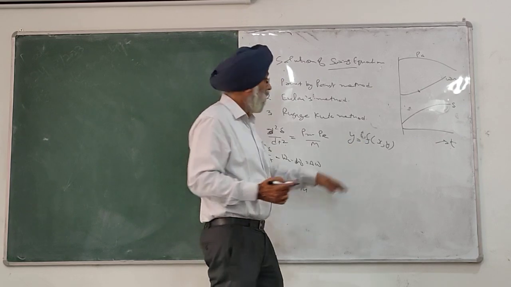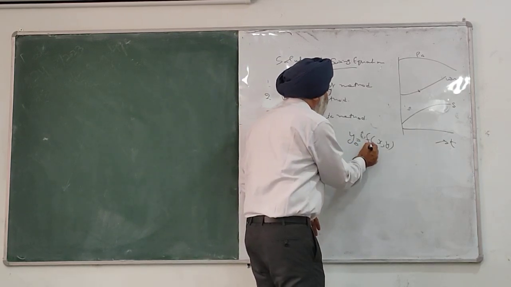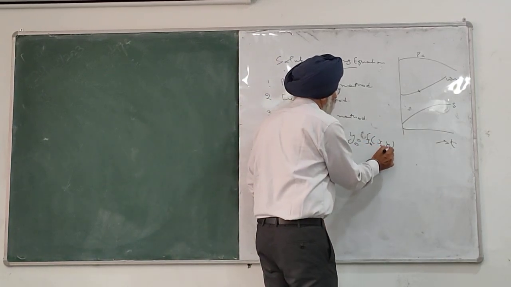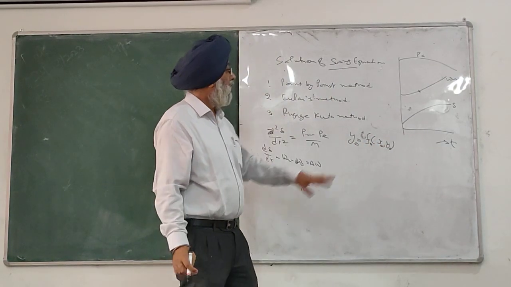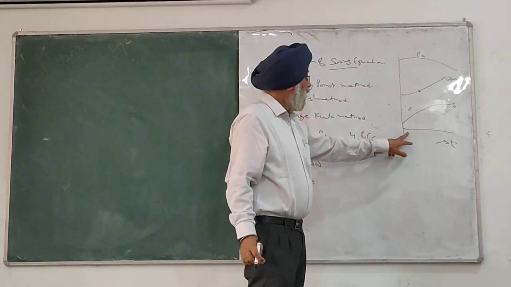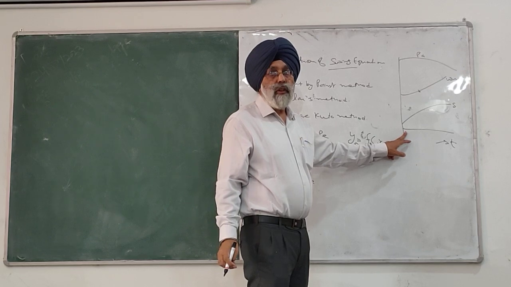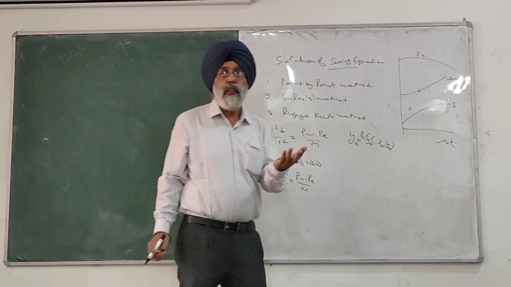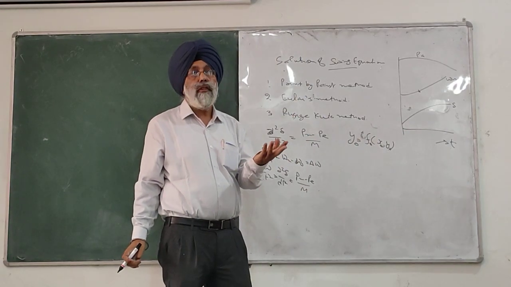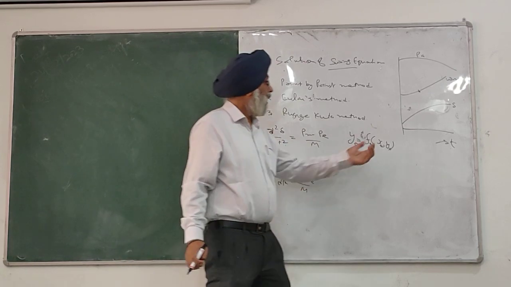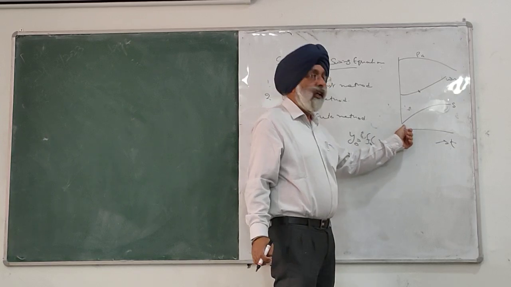So the initial value of y will be equal to the value at x0 and y0. Let us suppose when t is equal to 0, our system is under steady state conditions. Under that case, we have the value of delta 0.